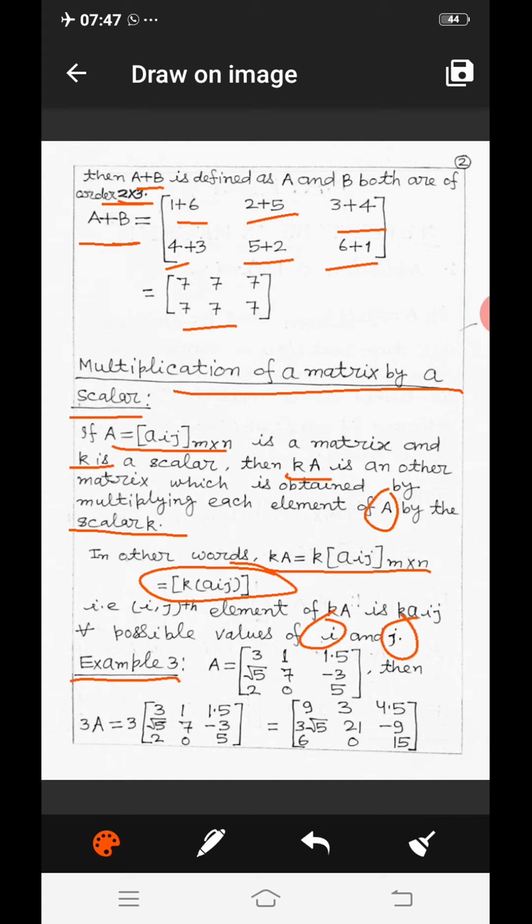Then 3A equal to 3 into matrix A having elements 3, 1, 1.5, root 5, 7, minus 3, 2, 0, 5, and this is equal to in matrix form 9, 3, 4.5, 3 root 5, 21, minus 9, 6, 0, 15. Means we multiply each element of matrix A by 3.